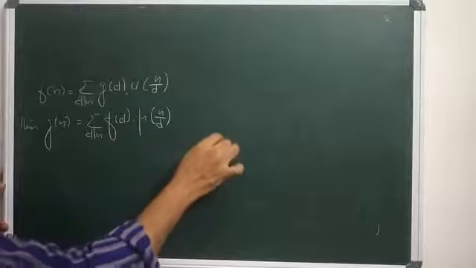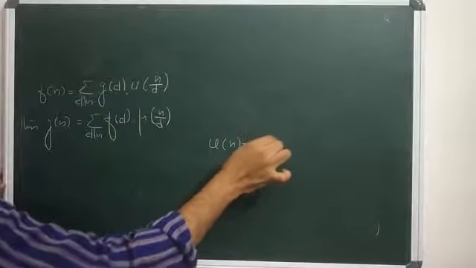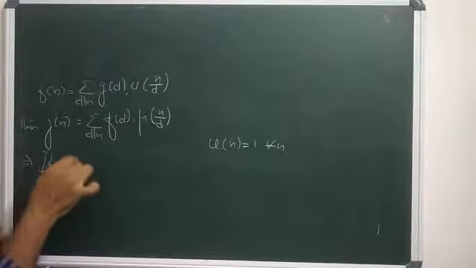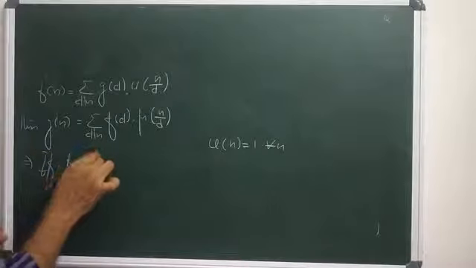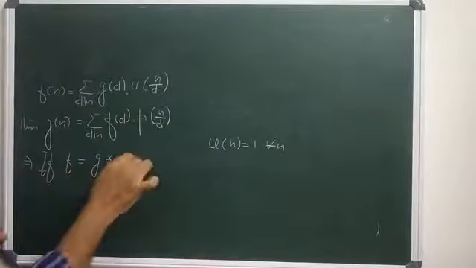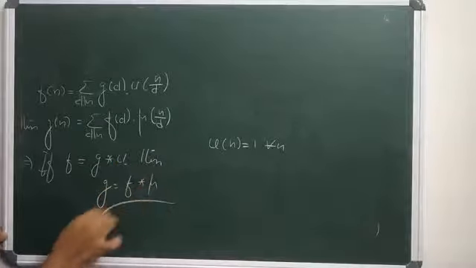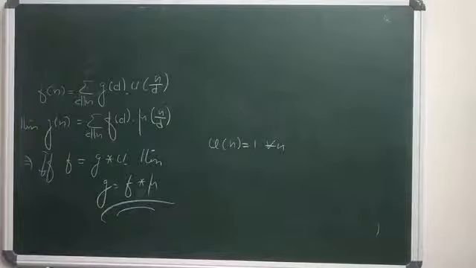Because u of n equals 1 for all n, so u of n by d is also 1. So the Mobius inversion formula can be restated this way: if f equals g star u, then g equals f star mu. This is another statement of the Mobius inversion formula. Agree?